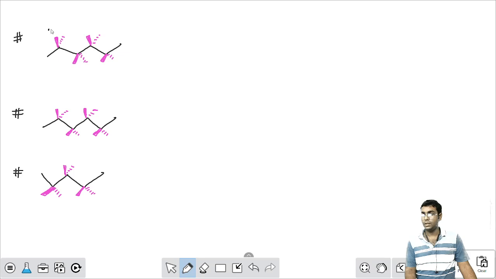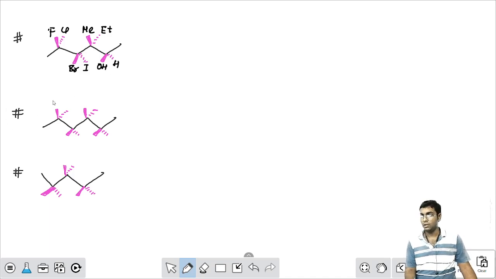So let's suppose this is fluorine, this is chlorine, this is bromine, this is iodine, and this is methyl, this is ethyl, and this is, let's suppose, OH, any kind of group you can place, and this is hydrogen.